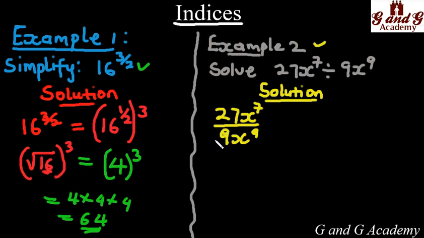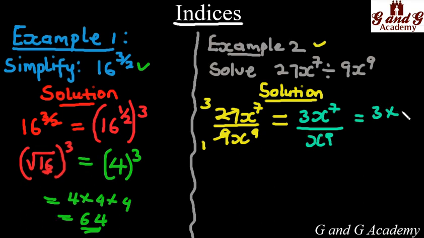Okay, so 9 here, 1. 9 in 27 is 3 times. So what you are left with is going to be 3s raised to power of 7 all over s raised to power of 9, which is the same thing as 3 times s raised to power of 7 all over s raised to the power of 9.